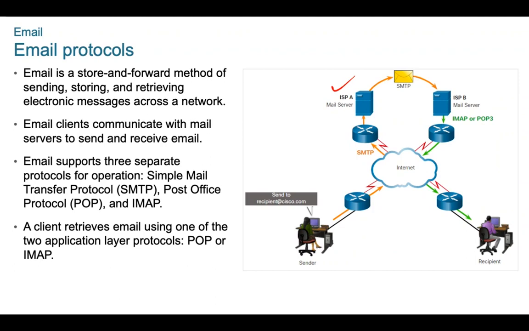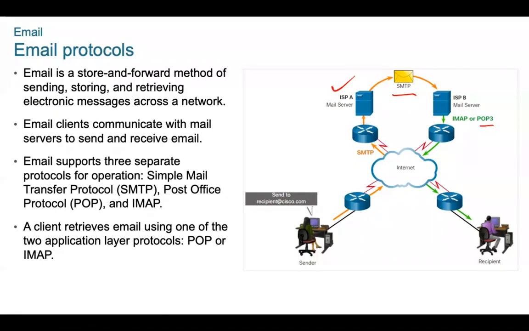To run on a computer or other end devices, email requires several applications and services. In this figure, you can see the different services provided by these ISP email servers: SMTP, IMAP or POP services are provided for email exchange.